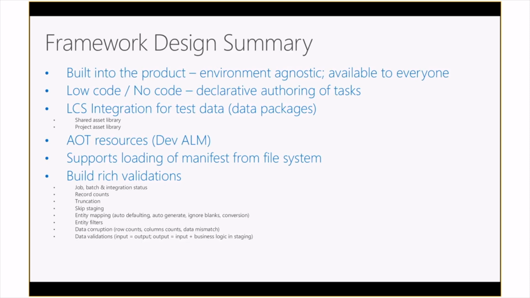The XML file can just be checked into the source control, right? It can be a resource in AOT. And the task automation manager, once it is deployed to an environment, it can read the resources of specific kind from the AOT itself, from the resources itself. This makes the end-to-end process very seamless, where there is no passing around of manifest, if you will. It's all locked through the ALM process itself.